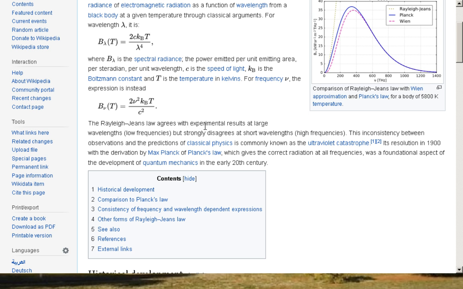The Rayleigh-Jeans law agrees with experimental results at low frequencies, but strongly disagrees at short wavelengths. This inconsistency between observations and predictions of classical physics is commonly known as the ultraviolet catastrophe. Its resolution in 1900 with the derivation by Max Planck of Planck's law, which gives the correct radiation at all frequencies, was a foundational aspect of the development of quantum mechanics.